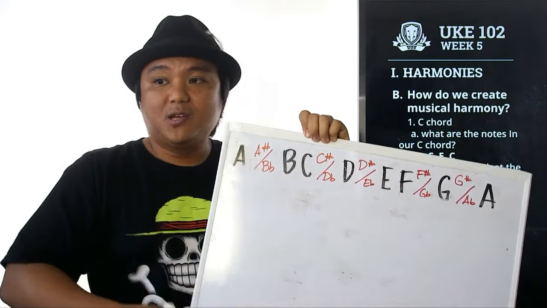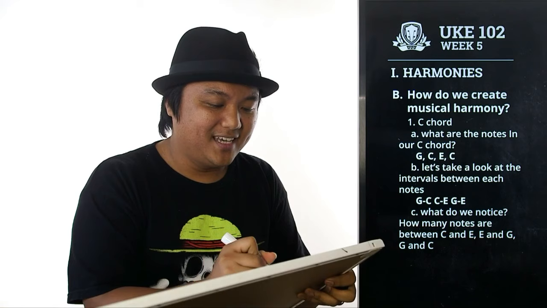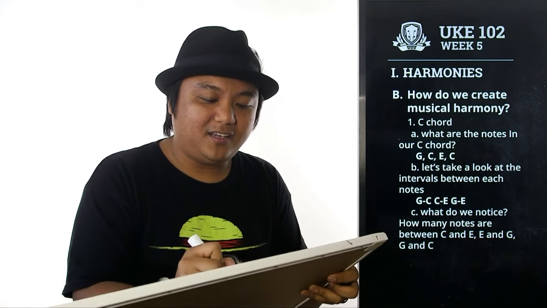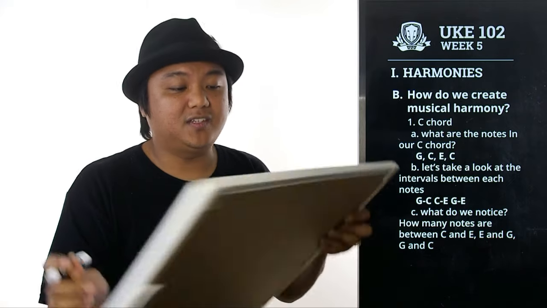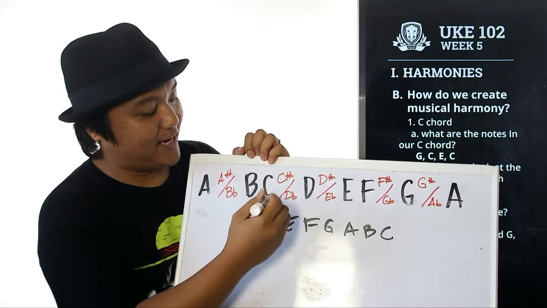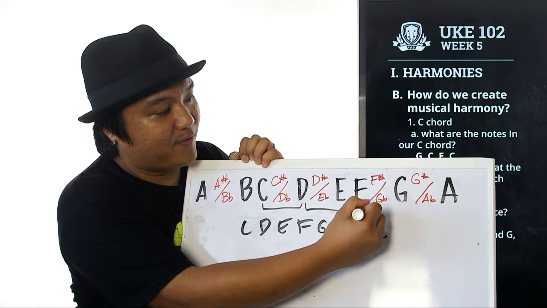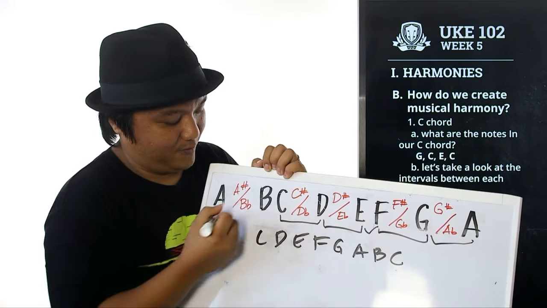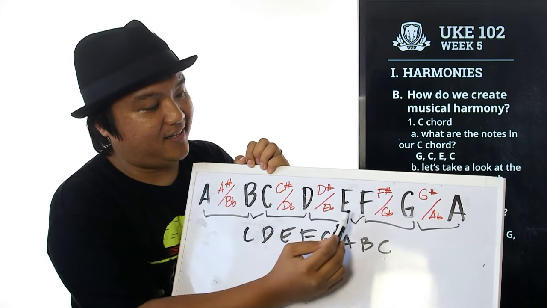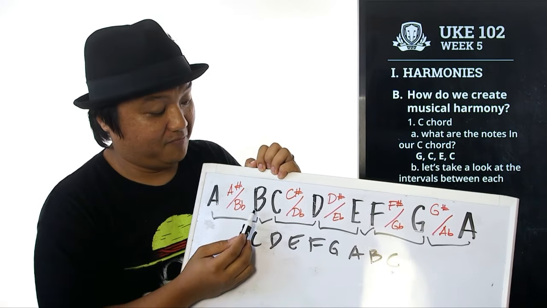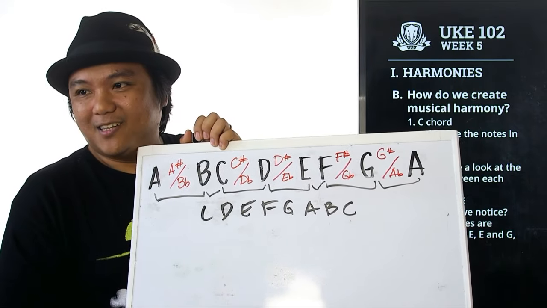In the key of C, we have the sequence C, D, E, F, G, A, B, C, right? And we figured that out by doing whole, whole, half, whole, whole, whole, half, which gives us C, D, E, F, G, A, B, C. Okay? Oh yeah, there you go, so you guys can see it a little bit more.